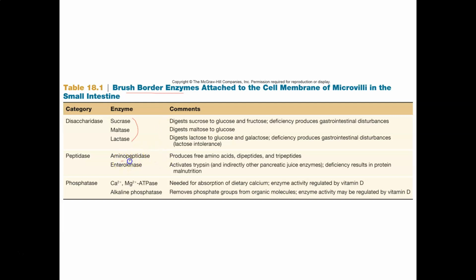For example, aminopeptidase, enterokinase, and these are going to be important for proper protein digestion. We have other enzymes. We have enzymes from the stomach. We have enzymes from the pancreas that are also used in protein digestion. But I wanted you to be aware that we are also using some of these brush border enzymes as well. Those enzymes that are attached to the plasma membrane of the epithelial cells.